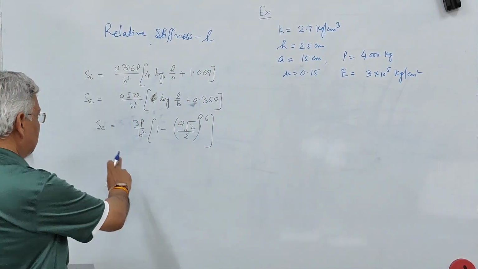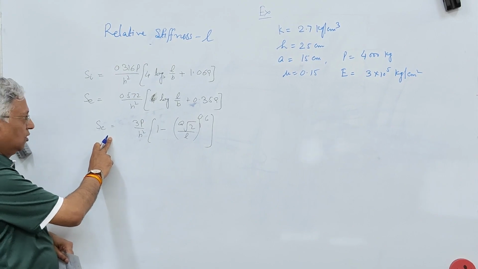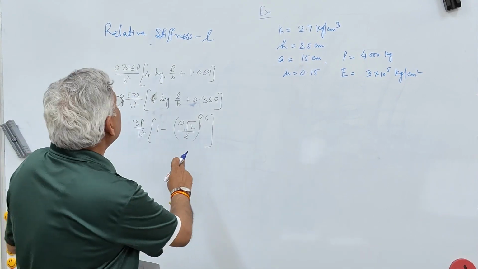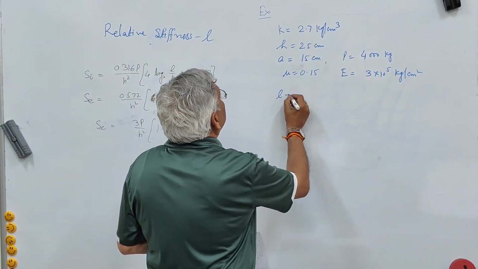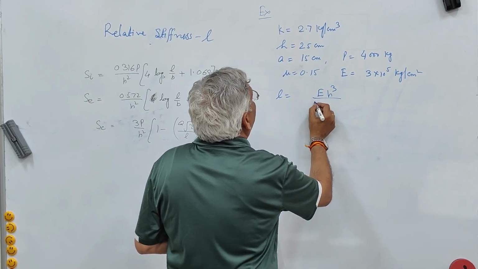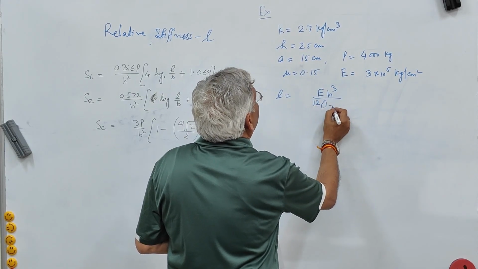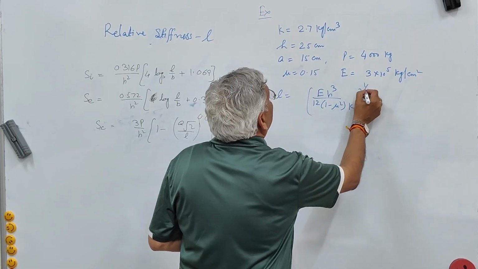Let us find out what is the stress at the corner. When this load is applied at the corner, what is the stress? Now that requires calculation of L. So let us calculate L first, that is (E H cube upon 12 into (1 minus mu square) into K) to the power 1 by 4.